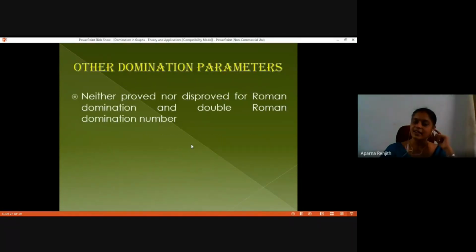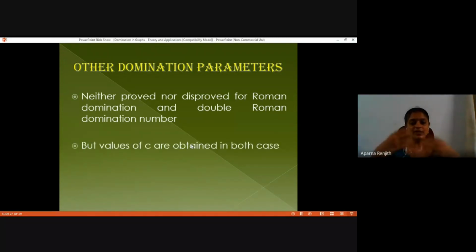Again, I have explained in detail Roman domination and double Roman domination. That is why I am showing these two results also. For these two parameters, the result has neither been proved nor disproved. That is, whether they satisfy Vizing type inequality or not is still unknown. But the value of C is obtained in both cases.